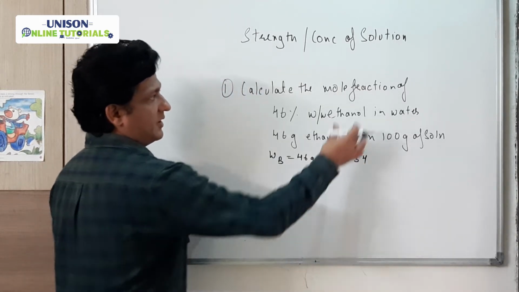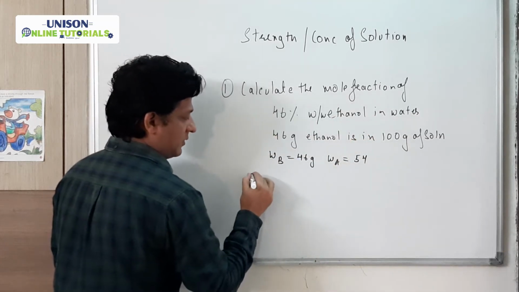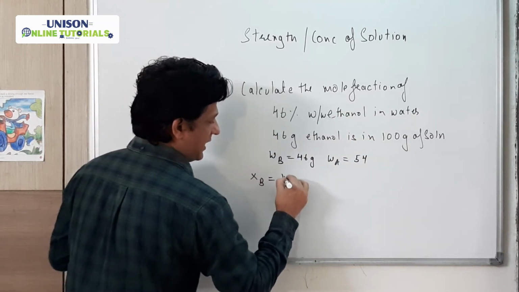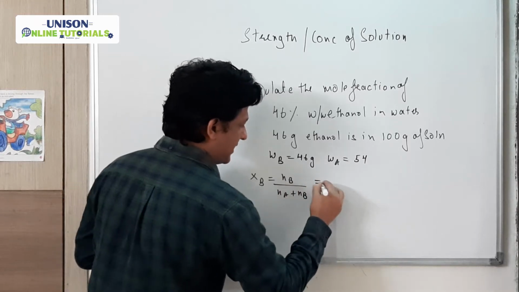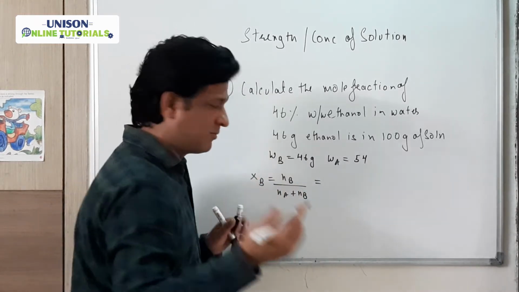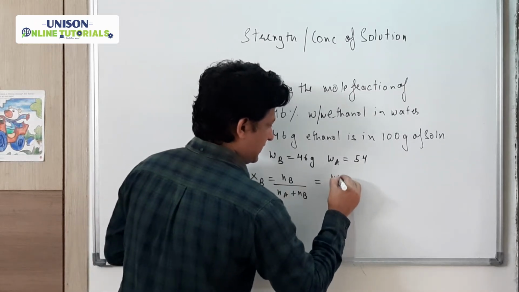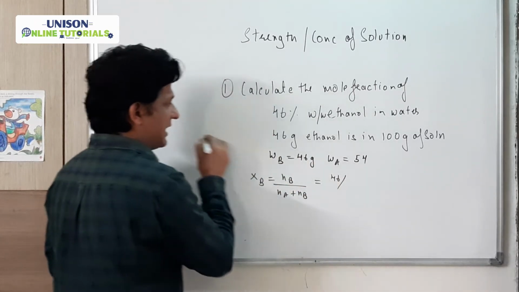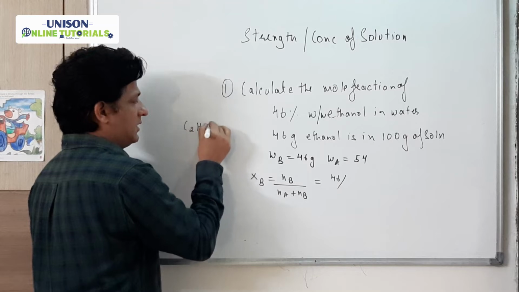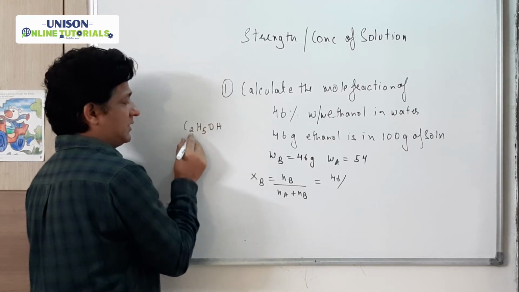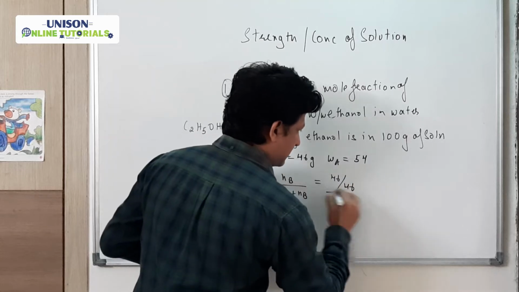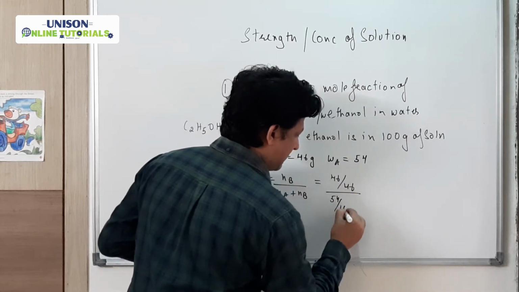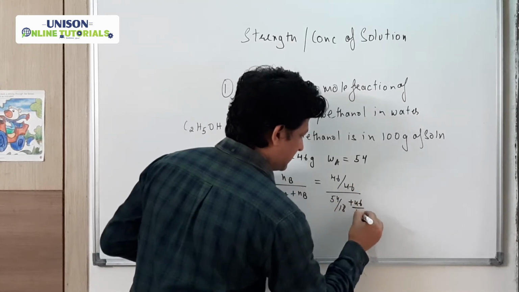Now we have to calculate the mole fraction of ethanol. So XB is equal to NB upon NA plus NB. So just put the formula, number of moles, weight by molar mass. That is 46. Ethanol ka molar mass we can calculate over here. Ethanol, look over here, that is 12 into 2 plus 4 plus 6, 46. It comes out to be 46 upon 54 by 18 plus 46 by 46.